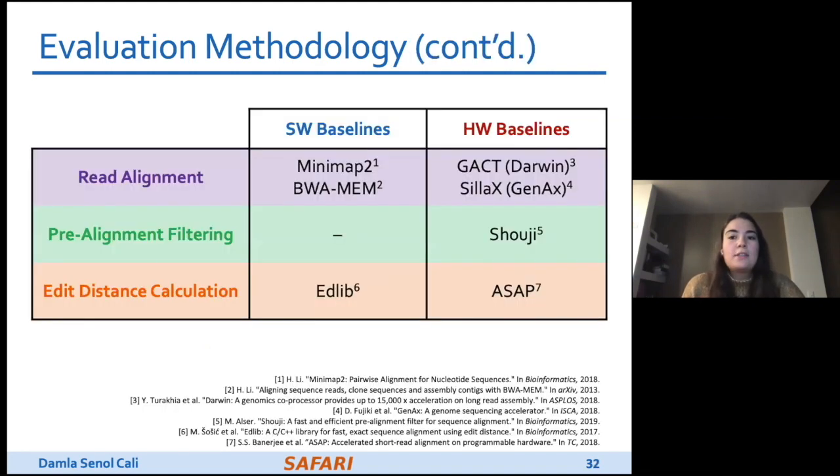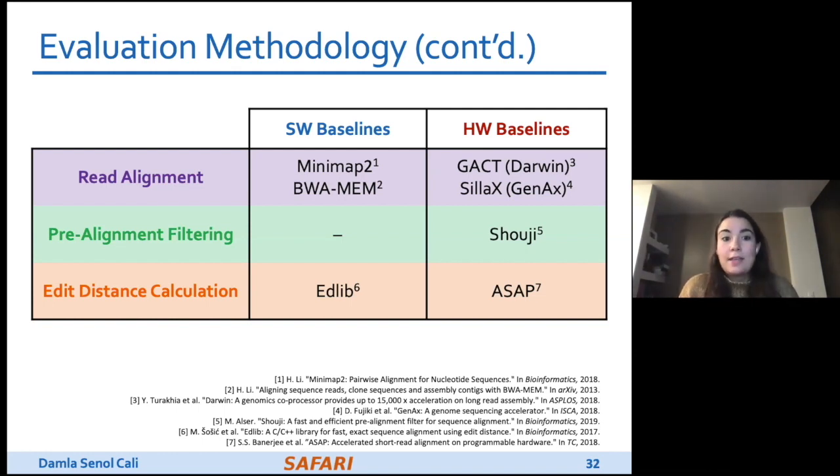So for the use cases we evaluate, we compare GenASM with state-of-the-art software and hardware baselines. And as you can see here, for read alignment, we compare with two commonly used tools, which are called Minimap2 and BWA-MEM. And as hardware baselines, we compared against GACT of Darwin, which is for long read alignment, and Scrooge of GenAx for short read alignment. And for pre-alignment filtering, we compared against an in-house filter developed by Mohammed Alser.